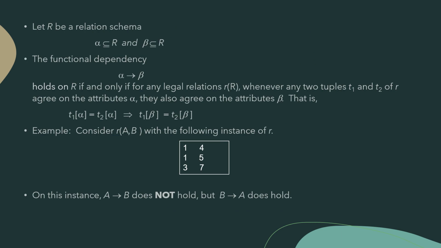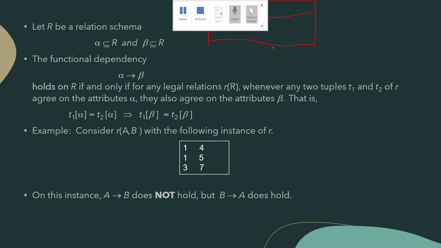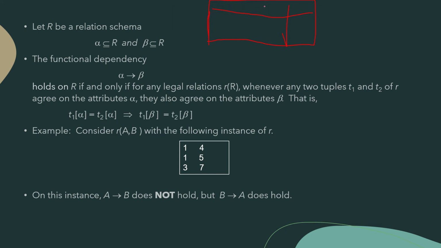Some more explanation about functional dependency: suppose alpha and beta are any two sets of attributes in a table. Suppose we have a relation, a table, with a lot of attributes. This is one attribute, this is the second attribute, this is the third attribute.